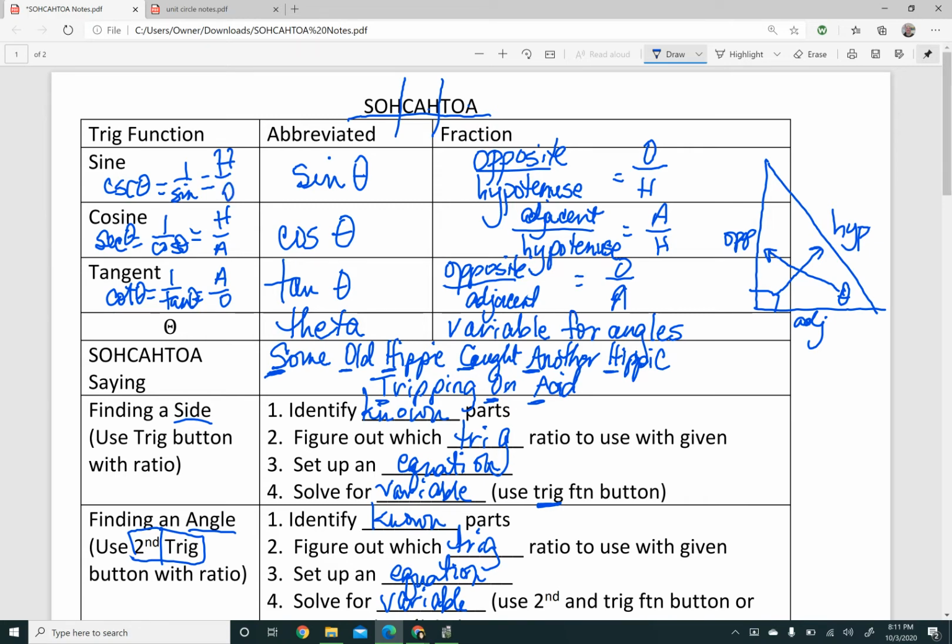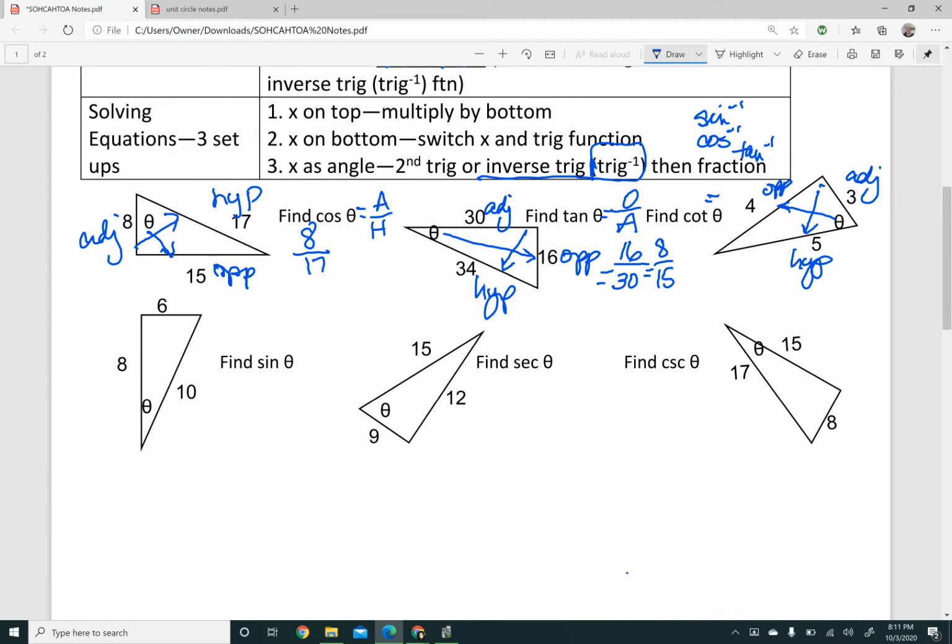Okay, so back down here, cotangent is adjacent over opposite. And so we get 3 over 4. So here's the answers here.